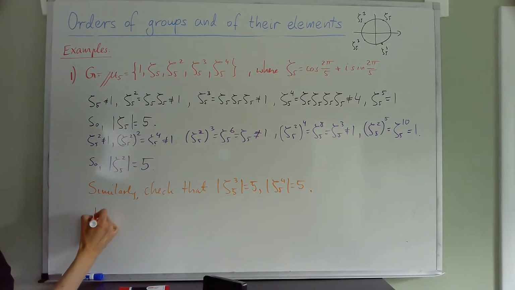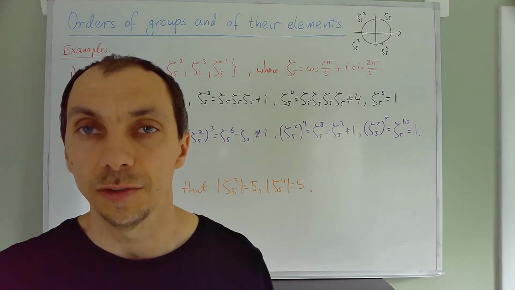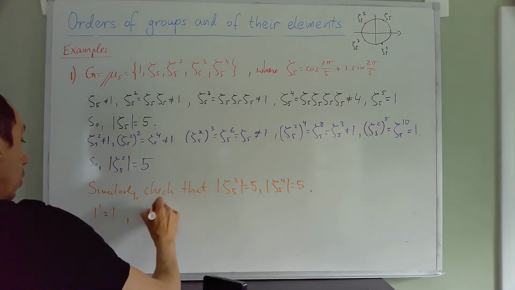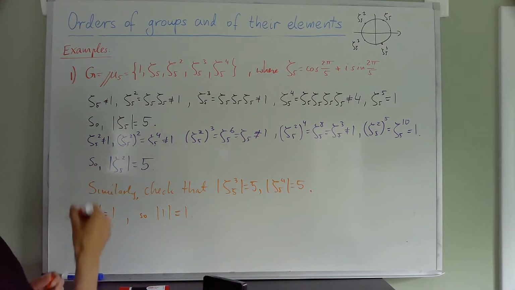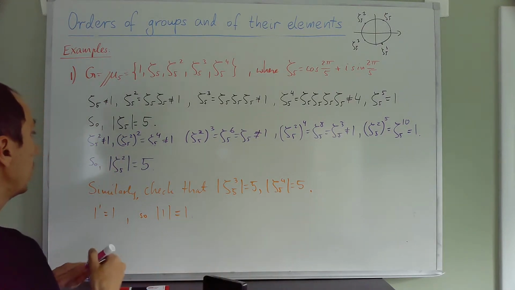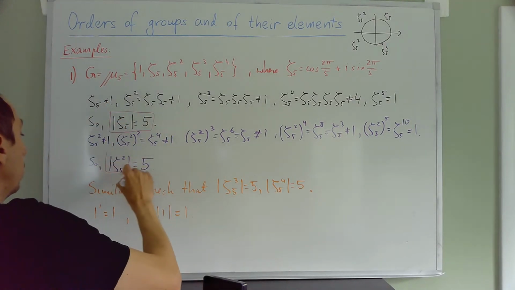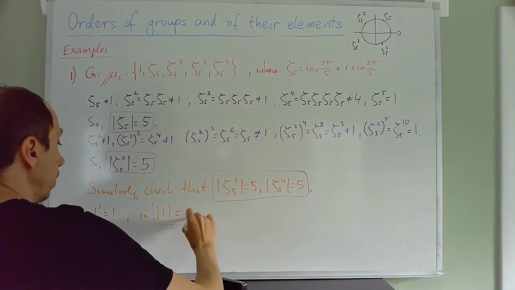So I try identity to the power 1, that's already 1. The smallest positive power that gives me 1 is 1. So the order of the identity is 1. So I have all the orders. Orders of all the elements are now known here: 5, 5, 5, and 1.